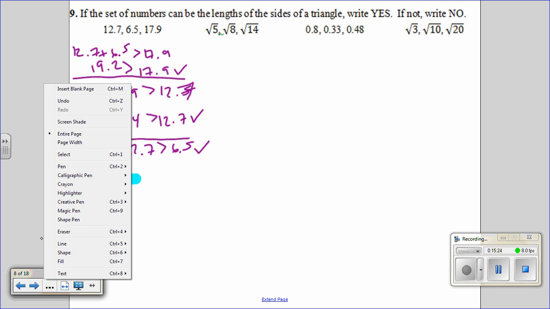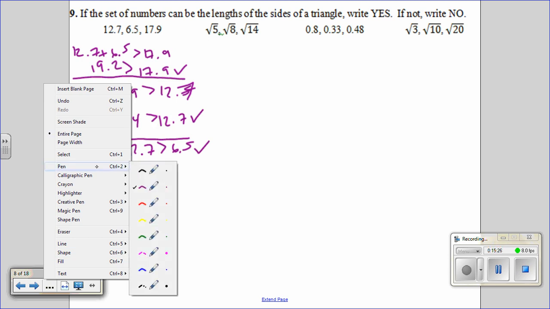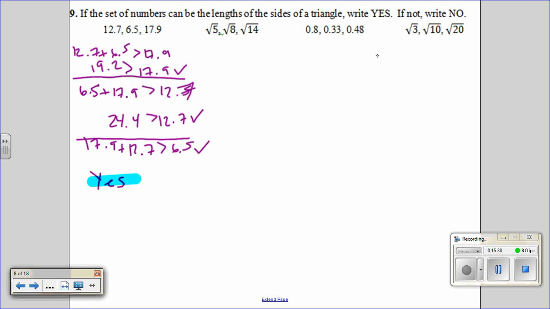And I'll just do one more. So we would have the square root of 3 plus the square root of 10 has to be greater than the square root of 20. So that's why we have our handy dandy calculator.